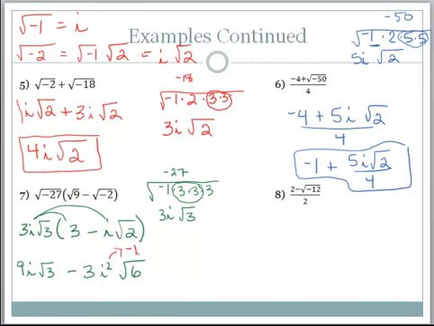What's negative 3 times negative 1? Positive 3, right? So you would have positive 3 square root of 6. That's a real part. So when we write our answer, we write it as 3 square roots of 6 plus 9i square roots of 3. This would be the final answer.